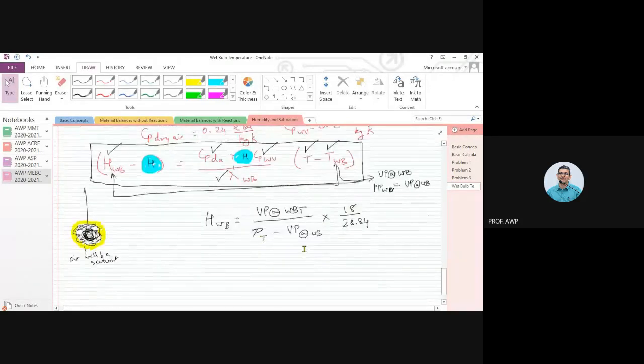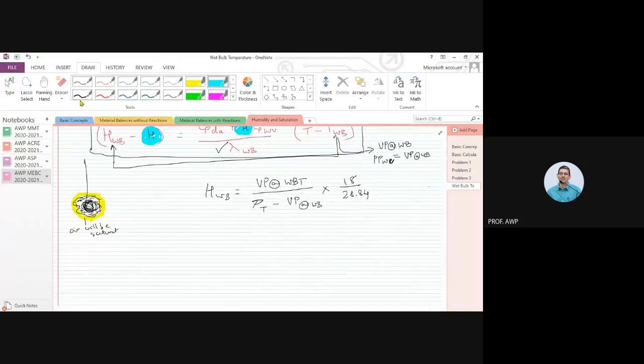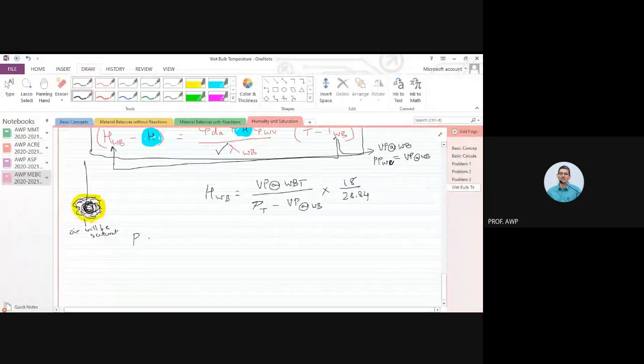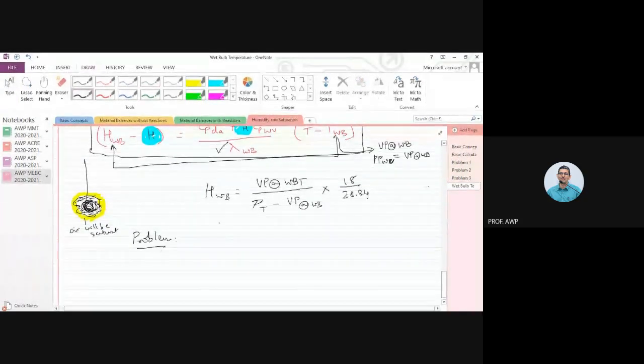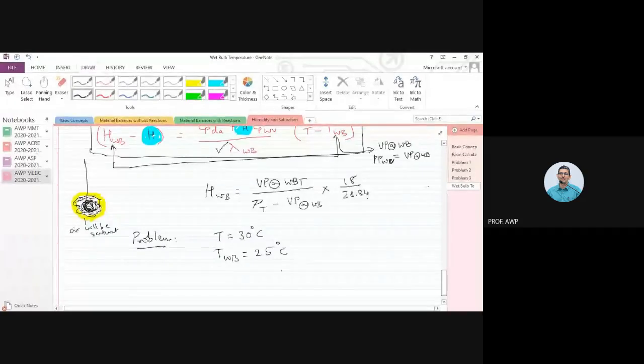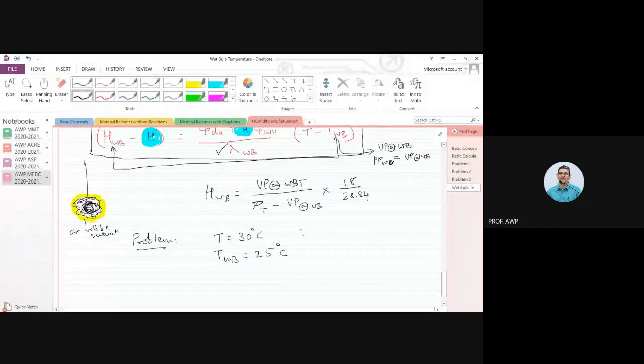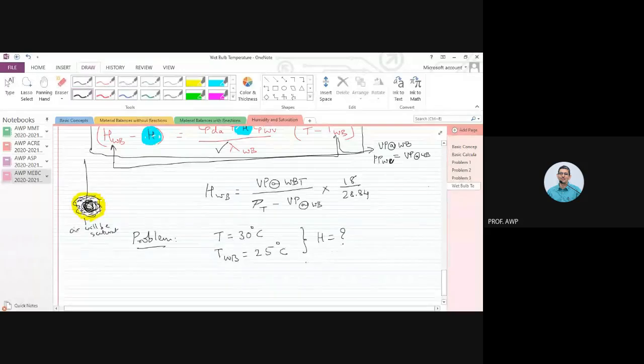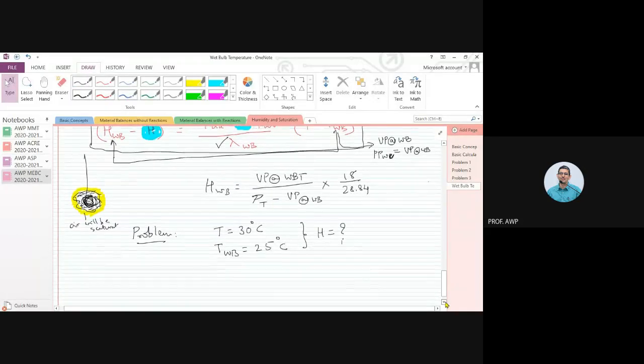Okay, let's take an example. Suppose temperature is 30 degrees centigrade and the wet bulb temperature is 25 degrees centigrade. Can you find out the humidity of the air? Let's do this together.